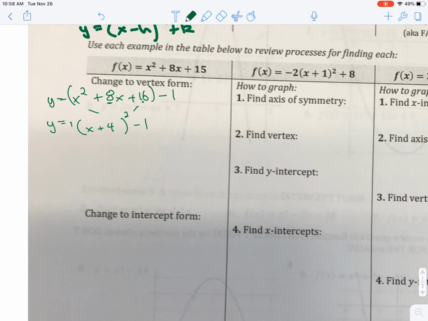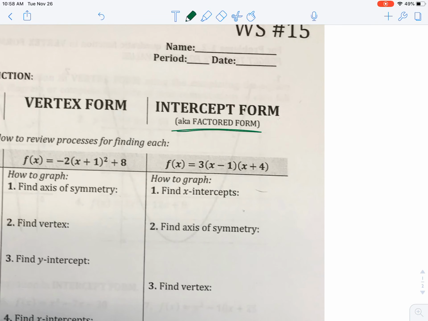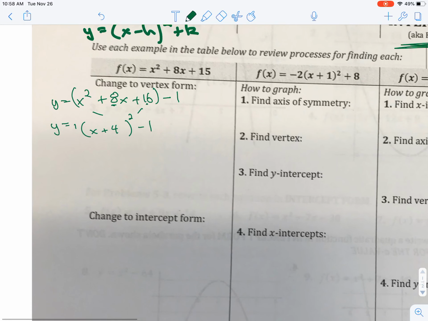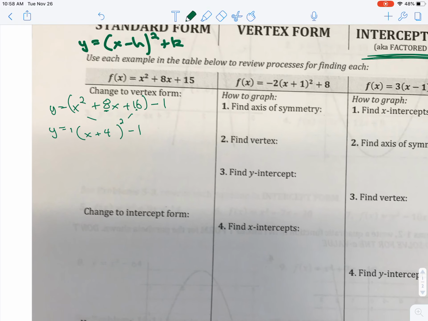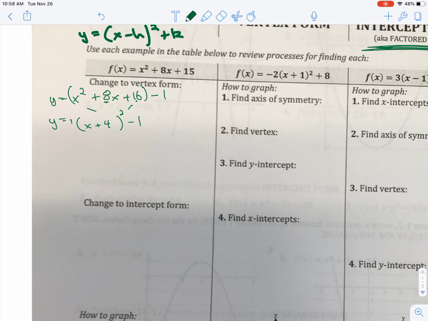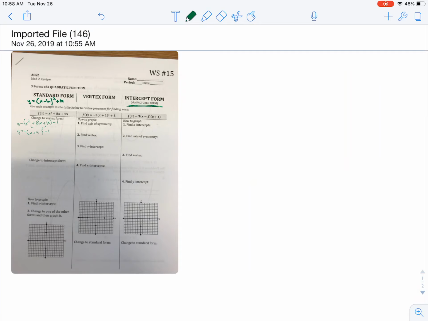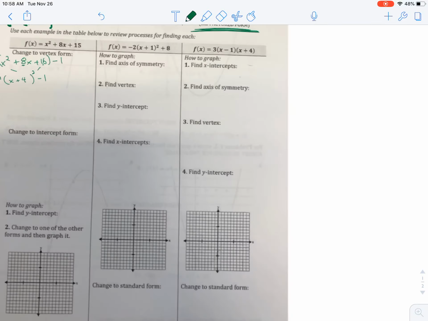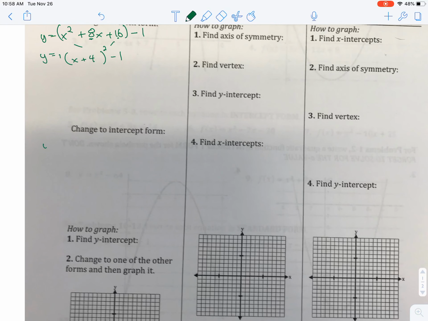Change to intercept form, aka factored form. So this is the new form that we have, okay? So if we're going to do that, well, there's a few ways to do it, but what I would do is take it out of vertex form and take away 1.